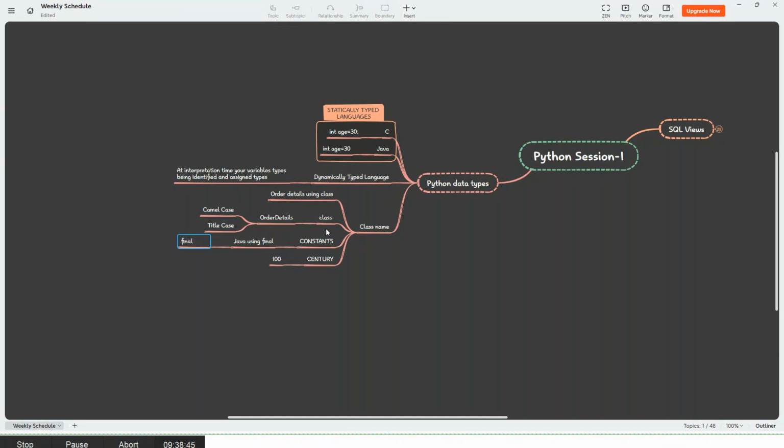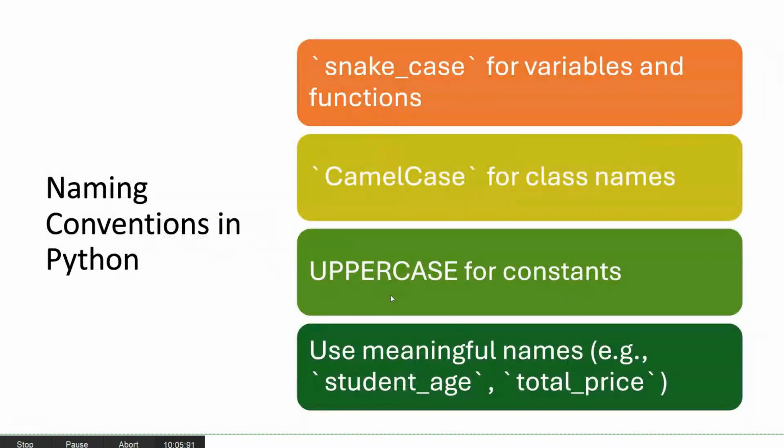Final keyword, int type, because it is numeric 100 and won't have any fraction digits after the decimal point. final int century equal to 100. This much is required. But here we just need to say century equal to 100. Based on the case you have declared, Python treats that as a constant.